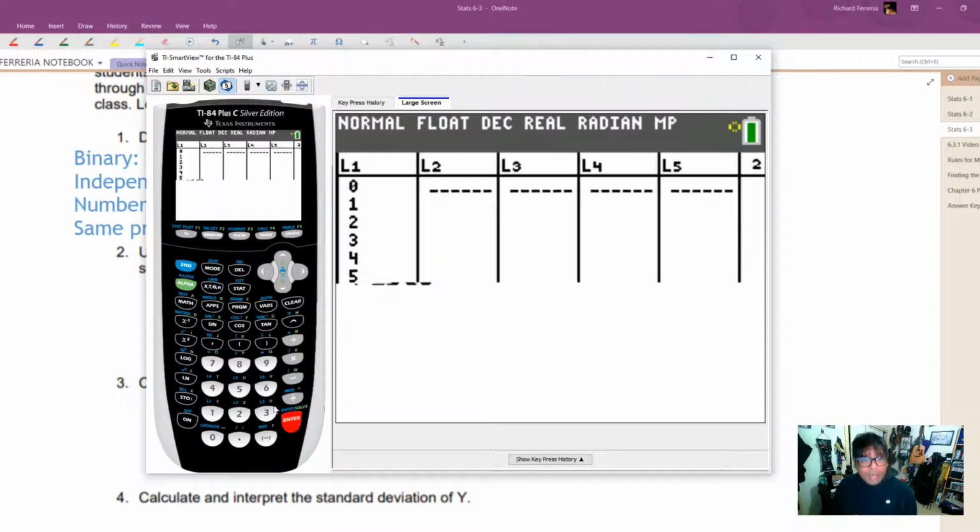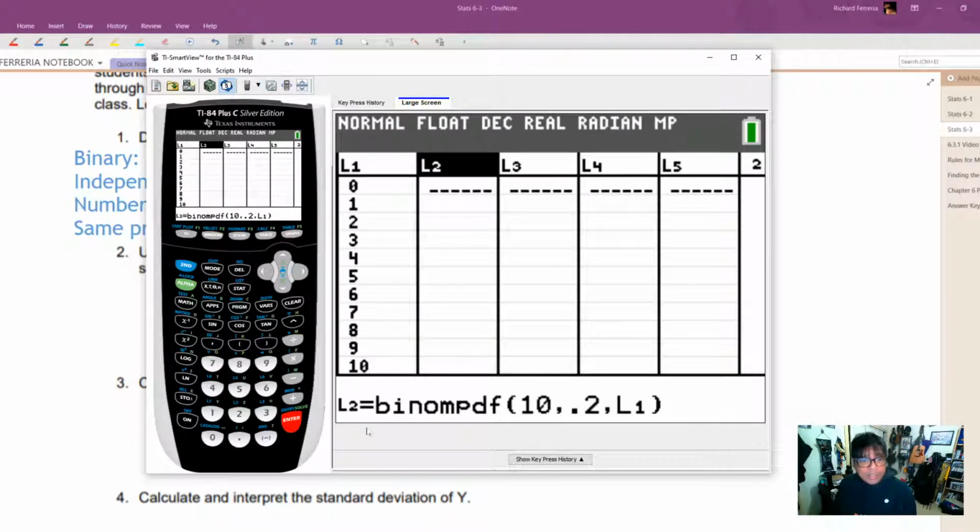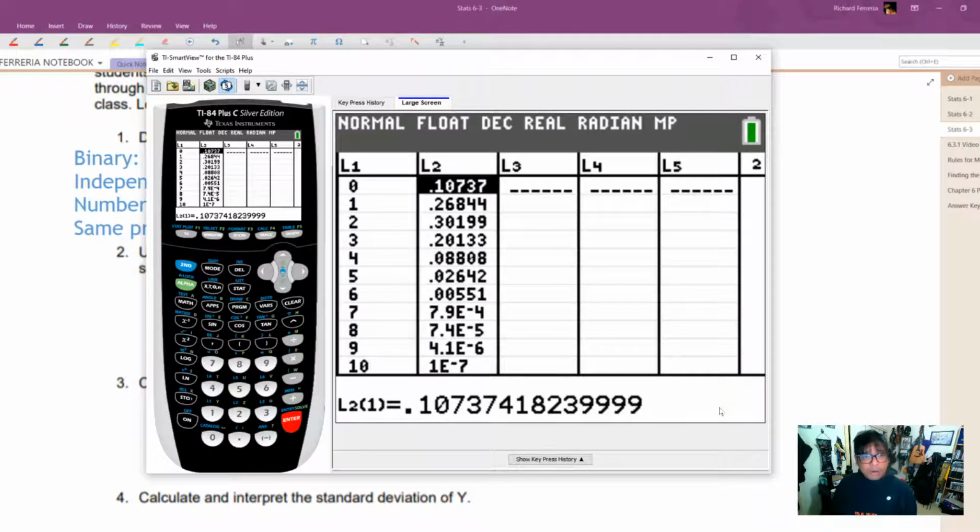So when you paste that, this is what you get. List 2 is equal to the binomial PDF of 10, 0.2, and list 1. So we'll just push enter there, and that will give me the entire binomial probability. That's actually quite beautiful, I think. Probability of success was 0.2, so we should expect to see a right-skewed distribution.